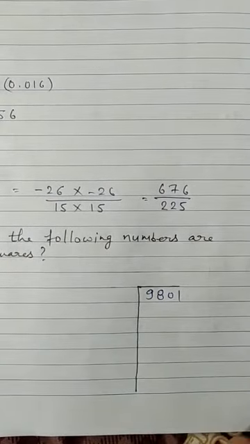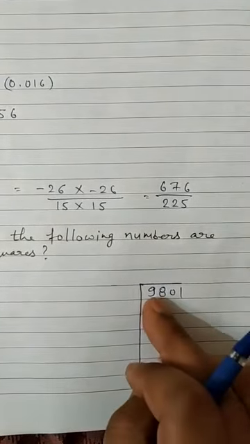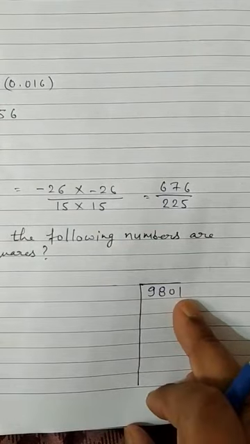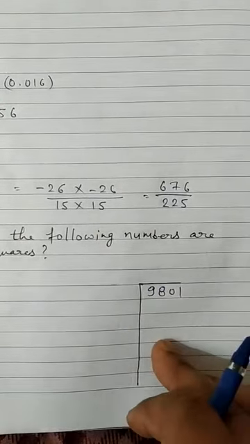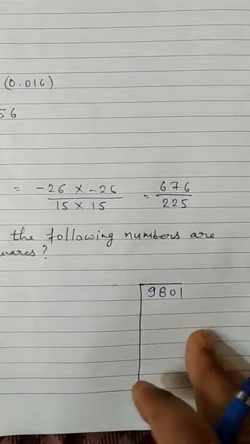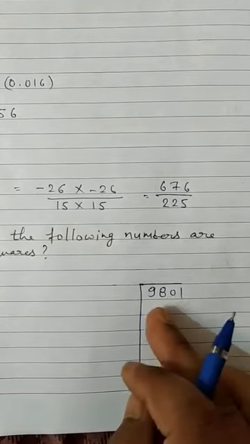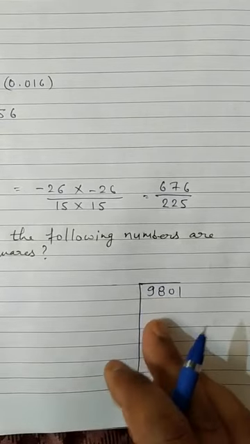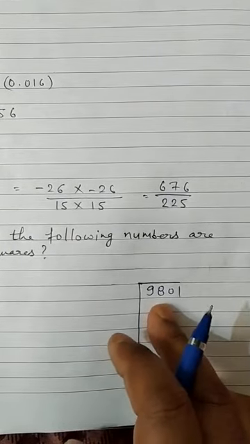Using the divisibility method, we see that in the ones place we have 1. So this number is not an even number. We will try it with 3. The divisibility rule of 3 says to add the digits of the given number. If the sum is divisible by 3, then the number will be divisible by 3.